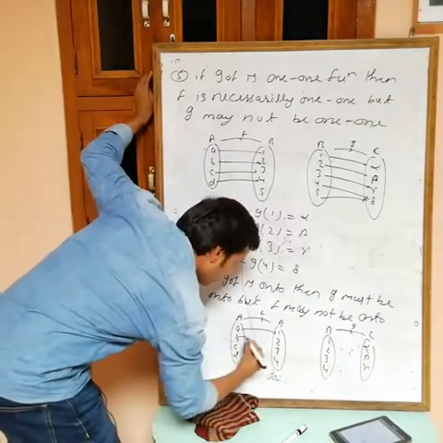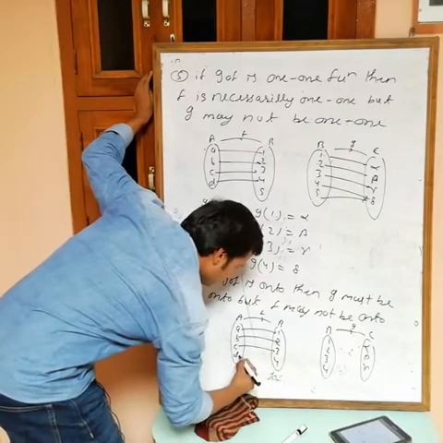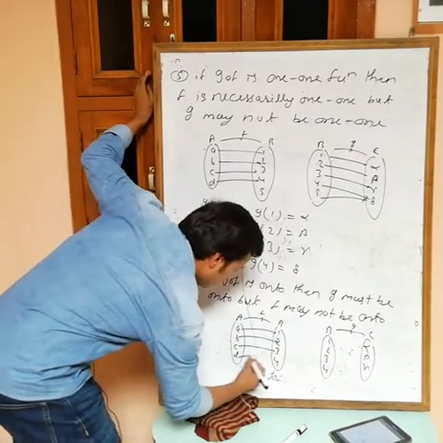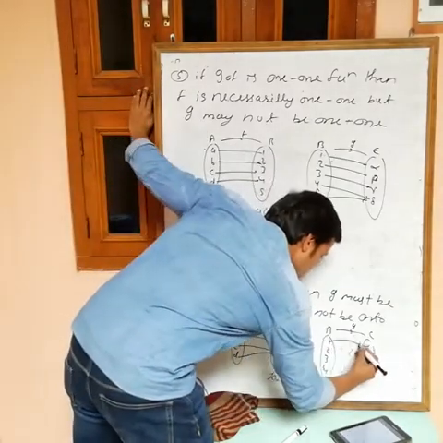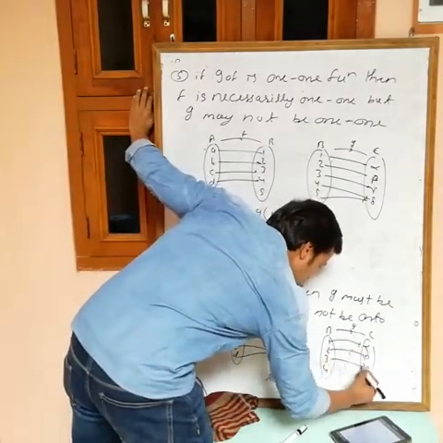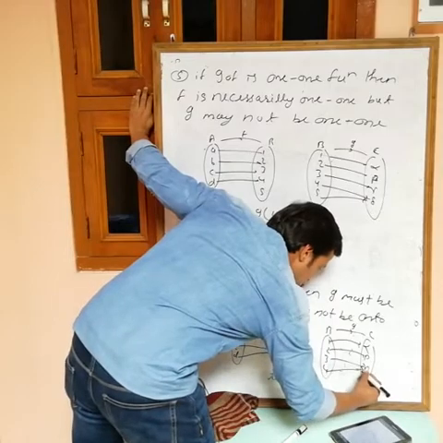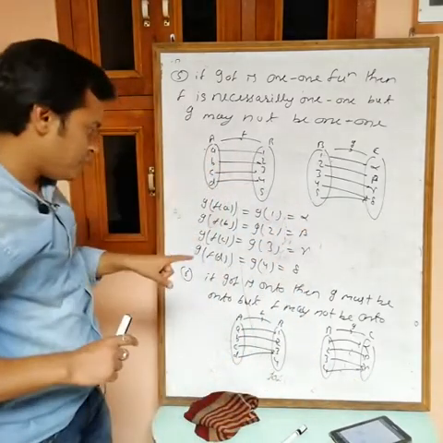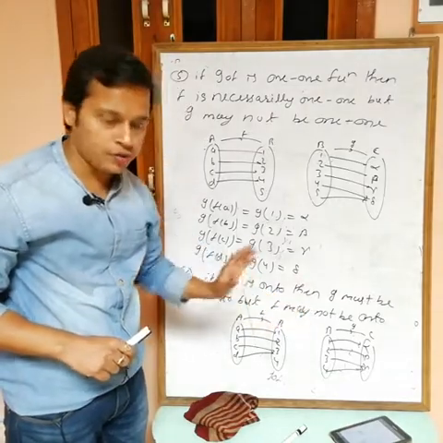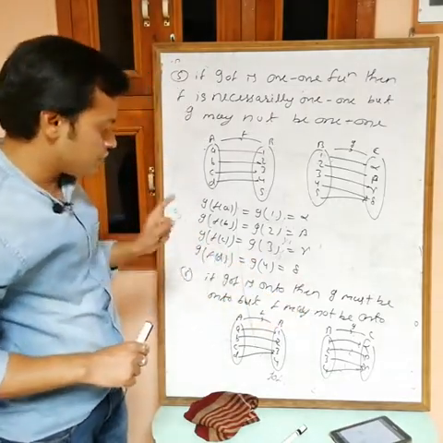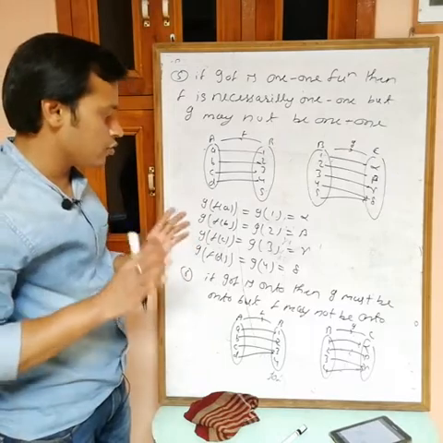Suppose this one we want into. And this one is alpha, beta and this is again gamma. Now see, in this one f is into, g is onto. Now if you find g of f, then also you will get onto.